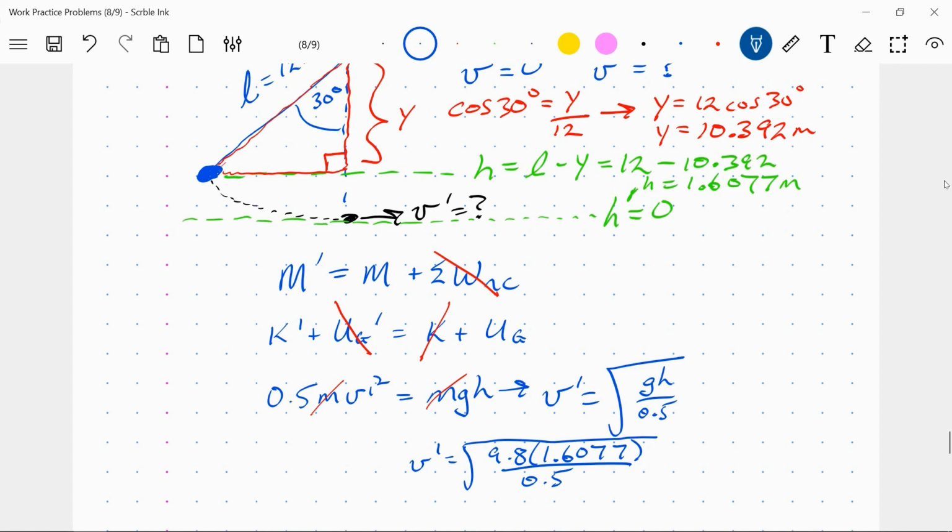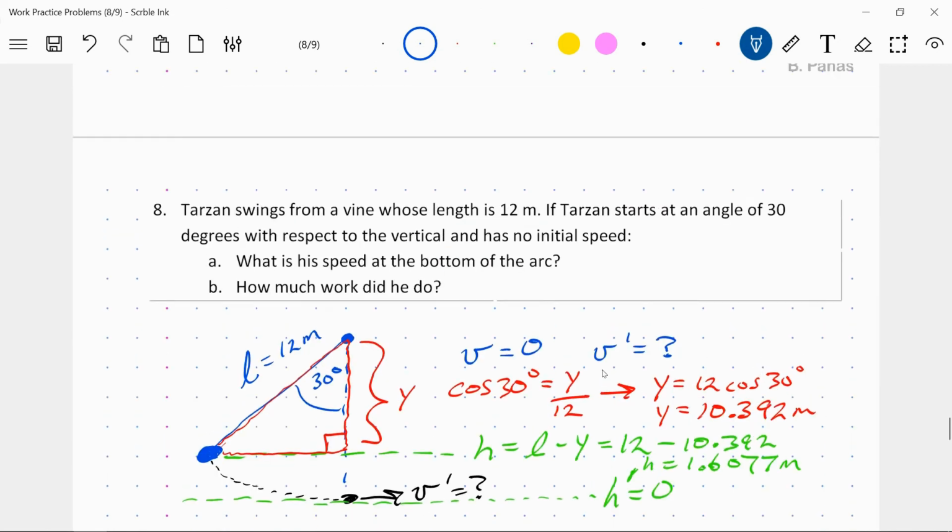So grabbing my calculator, I'm not going to forget that square root right off the hop of the following. 9.8 times 1.6077 divided by 0.5. I'm getting 5.6, rounded to just 1, I guess. So 5.61 meters per second. And that should about do it for that question.